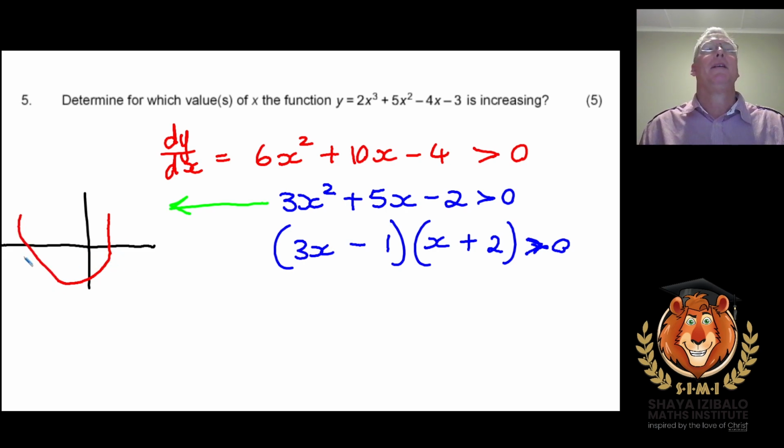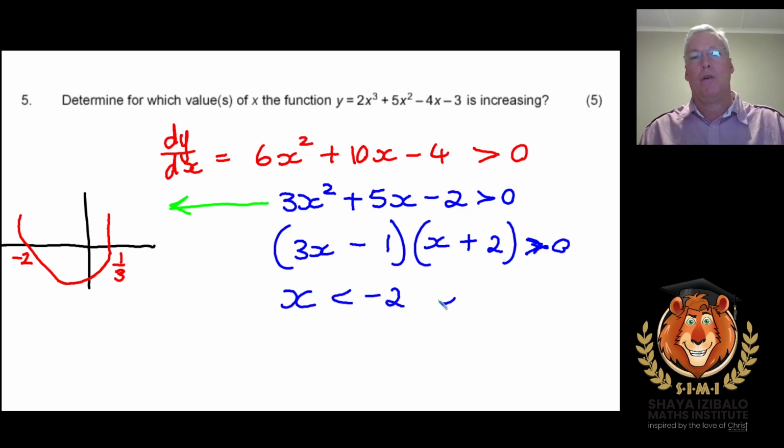But anyway, this is negative 2, and this is a third. And we are asking ourselves, where is this parabola bigger than 0? Now, it's bigger than 0 outside of its roots. So in other words, our final answer here is that x will be less than minus 2, or x will be bigger than a third.